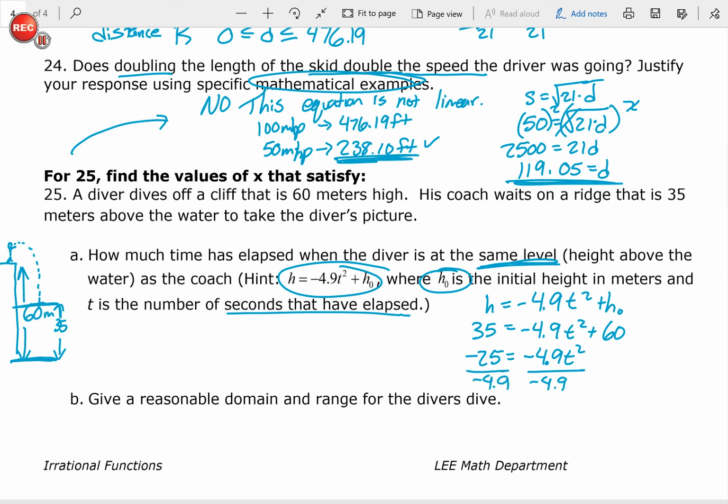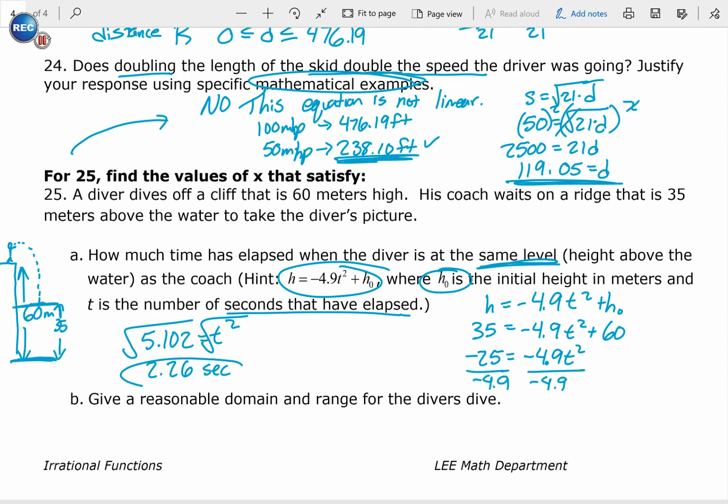So we're going to end up with negative 25 divided by negative 4.9, and that's going to end up being 5.102 equals t squared. We have to square root both sides, so square root that answer. It's going to take all of 2.26 seconds in order for the instructor to time his jump just right.